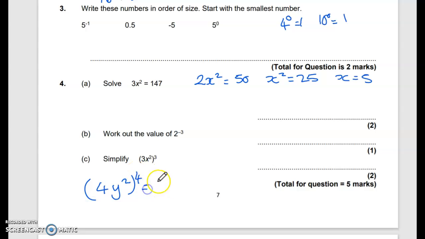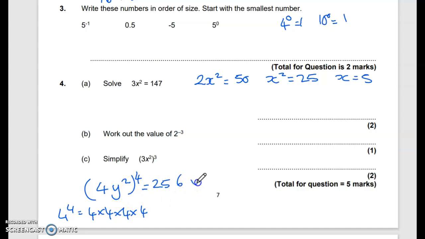So I'm doing 4 to the power of 4, which means 4 times 4 times 4 times 4. It's not an easy one to do because 4 times 4 is 16, times another 4 is 64, and then times another 4. You either have a calculator or do a long multiplication, and you get 256.